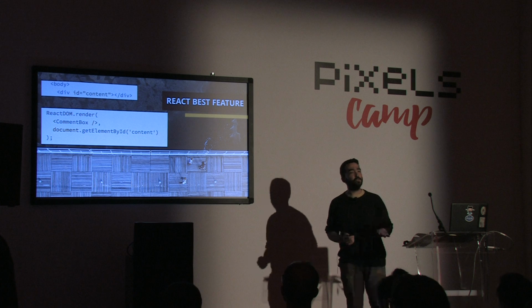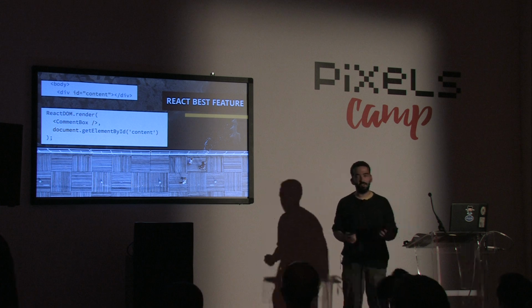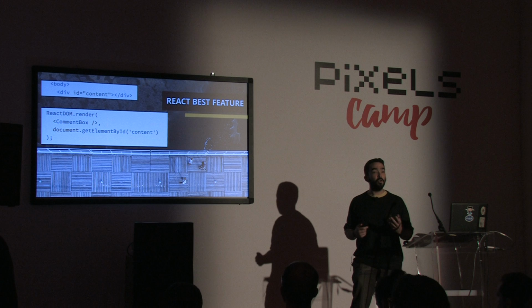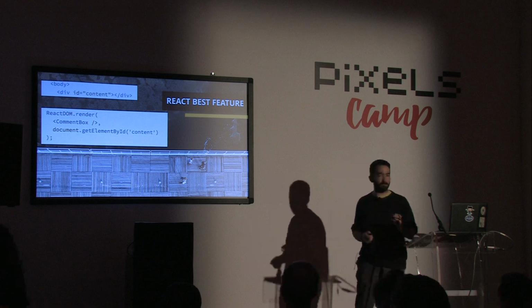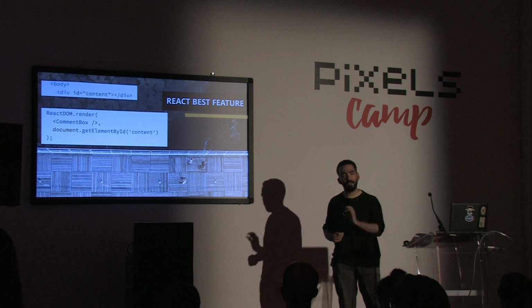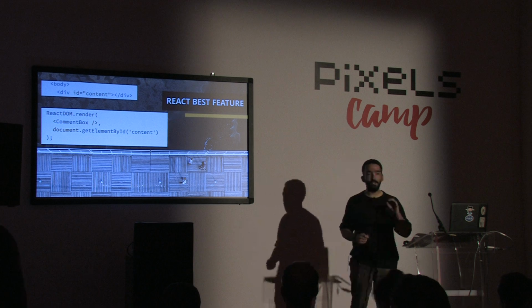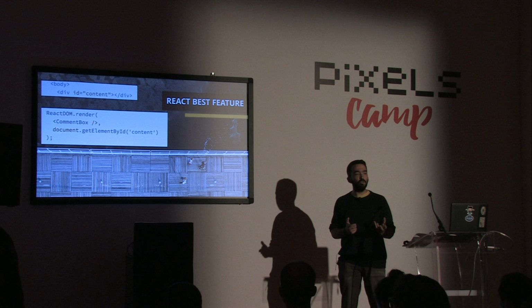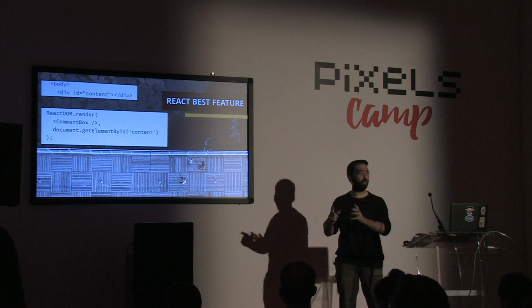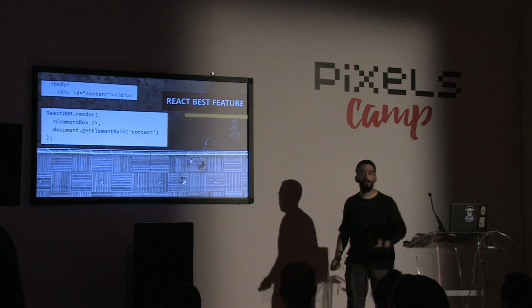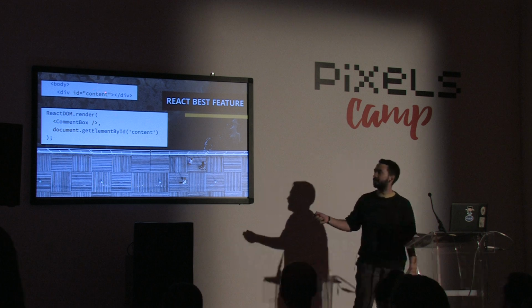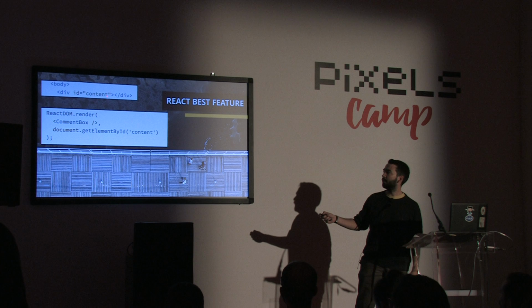So, if you're doing a full-page application, this will probably not be a good thing because you'll be using React in all of your web page. But if you're only using React for certain areas of your DOM, you can do it. And you can even only use it for the slow parts and do the high-speed parts in other parts of your code. So here, content is where our React code will live.